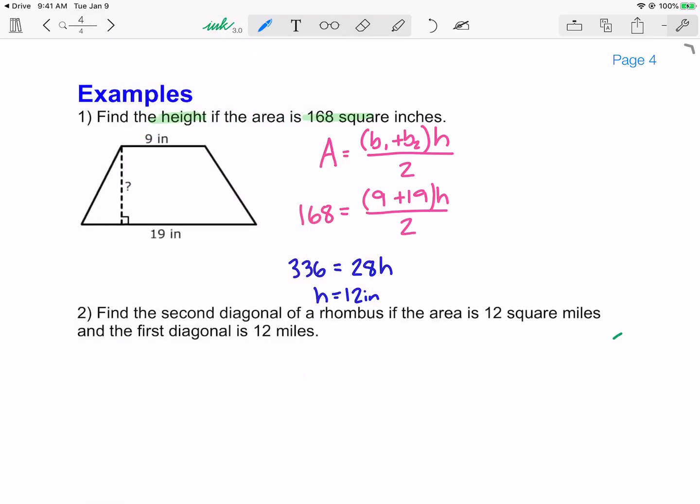You could also do 168 equals 9 plus 19, which is still 28, so you get 28h over 2, which is really 168 equals 14h. And if you divide 168 by 14, you will again get h equals 12 inches. But you've got options in how you want to solve these.